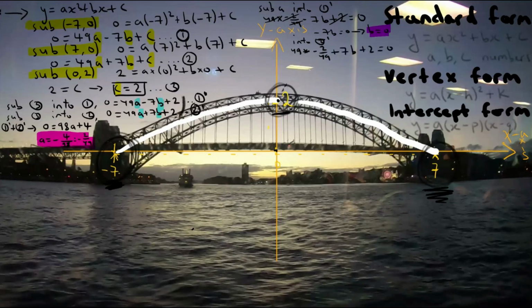Again, plus 2 equals 0. Again, 49 at the top and 49 at the bottom. When you multiply, these will cancel. 49 49ths is 1. And then we're left with minus 2 and plus 2. This will likewise cancel each other. And again, we have 7b is equal to 0, which gives us b equals 0 as we divide both sides by 7. Okay.